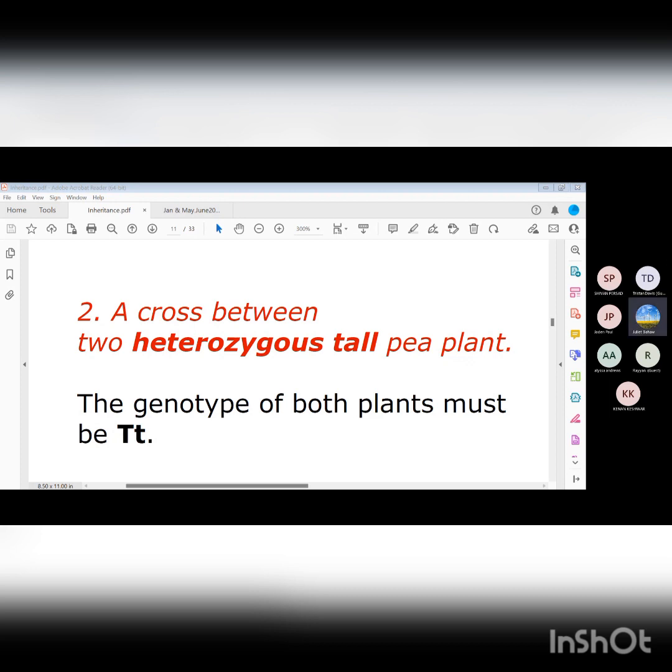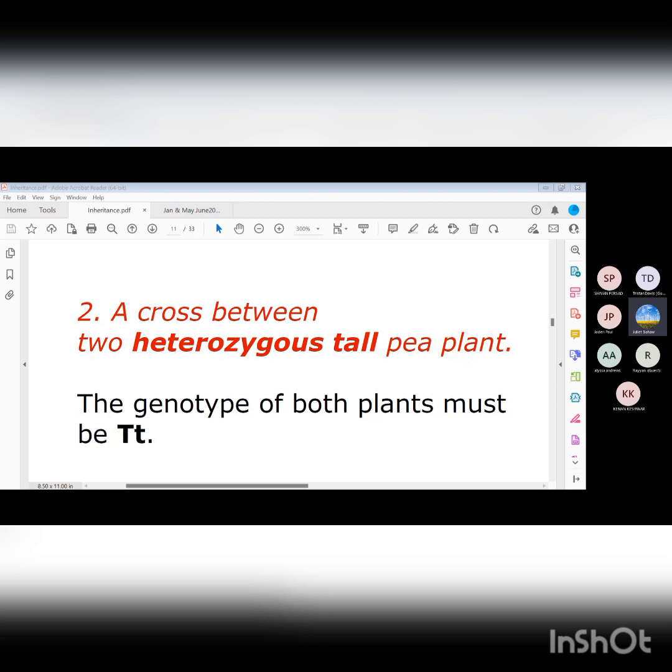So in this case, we are going to say it's a 3:1 ratio because we count 1, 2, 3 as tall. And then we have 1 out of 4 chances the plant could be a dwarf. So this is a 3:1 ratio.